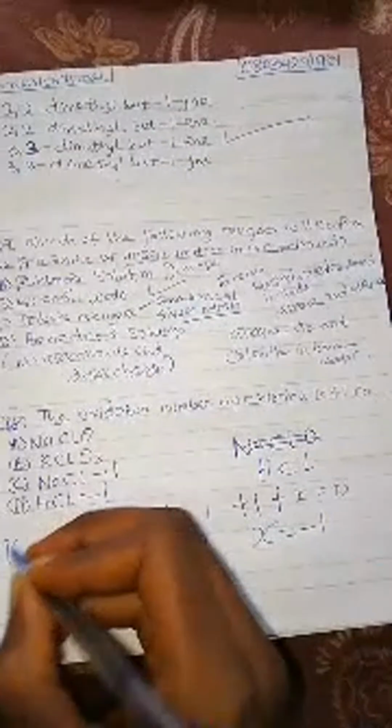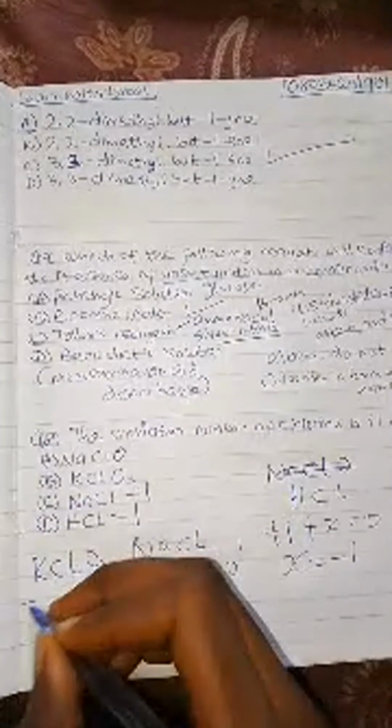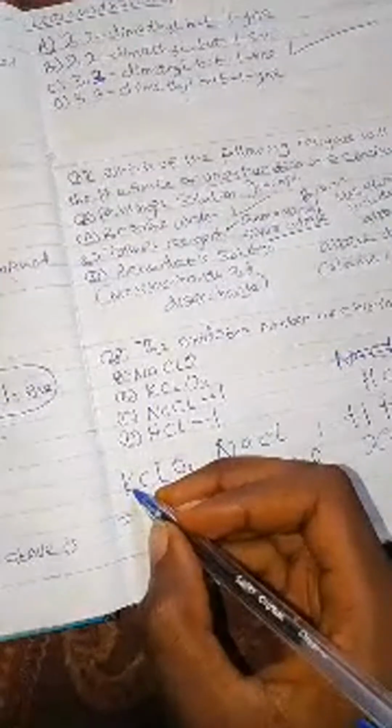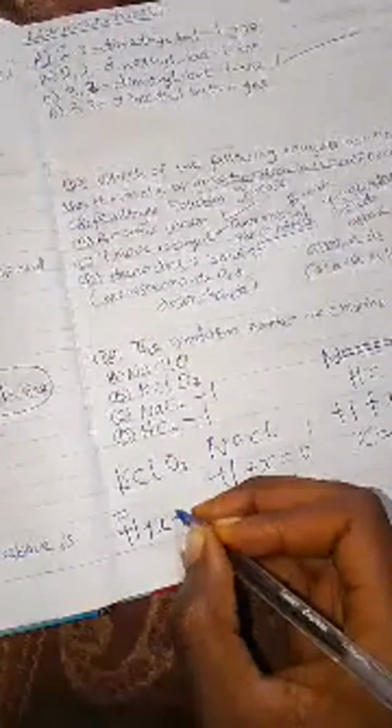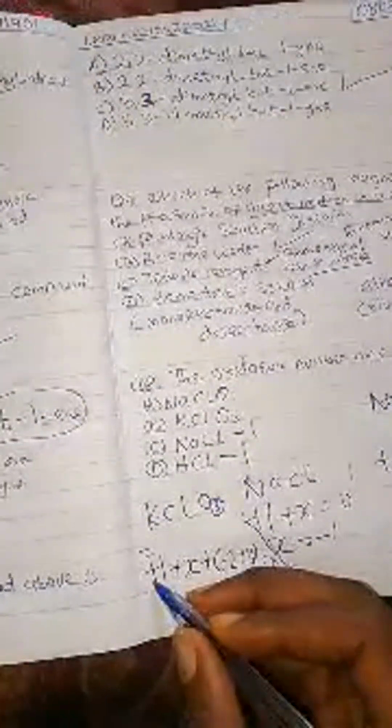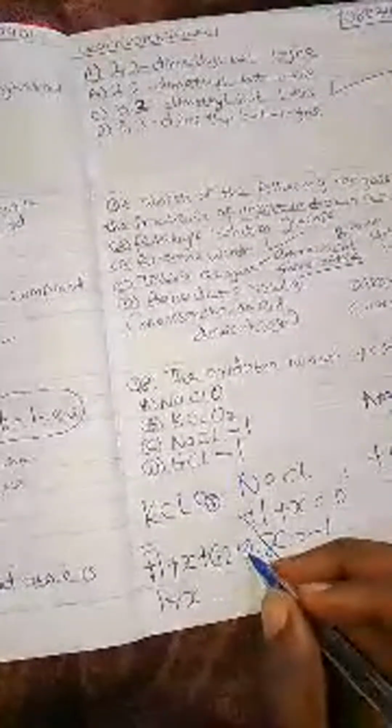For KClO3, potassium is represented as K. The oxidation number of K is +1 plus x plus the oxidation number of oxygen, -2, multiplied by the subscript 3 equals 0. +1 plus x, -2 multiplied by 3 will give us -6 equals 0.